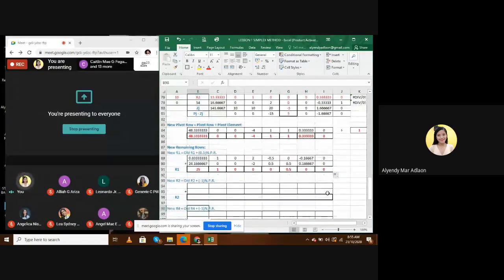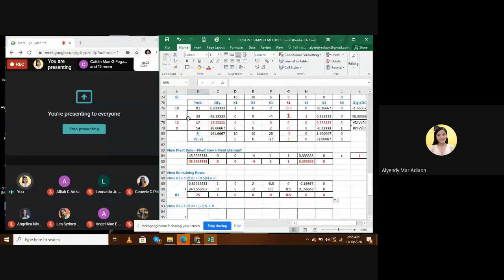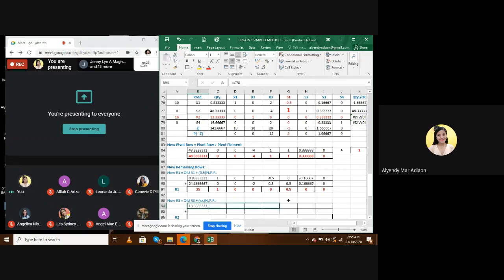Next, for the row 2, isa ito yung nabago. Ang bago is row 2. Row 2 man itong new pivot row. So, okay na. Row 3 na ta karon, row 3. Okay, so this is now the new row 3. Okay, so old row 3, this one, old row 3, starting from 13.333, and then you drag. And then after that, a new pivot row multiplied by the element in the optimum column.